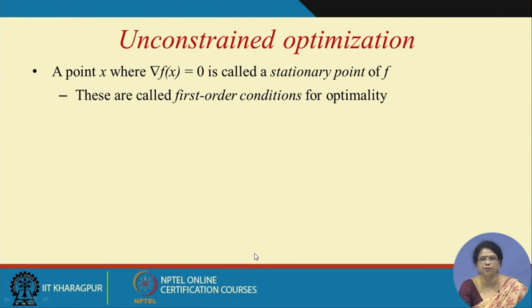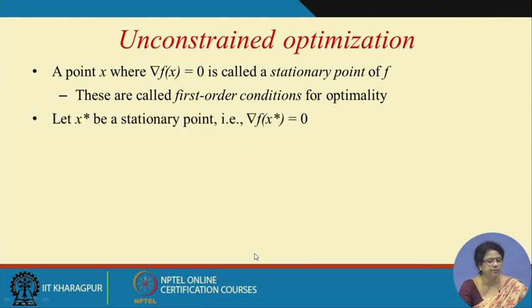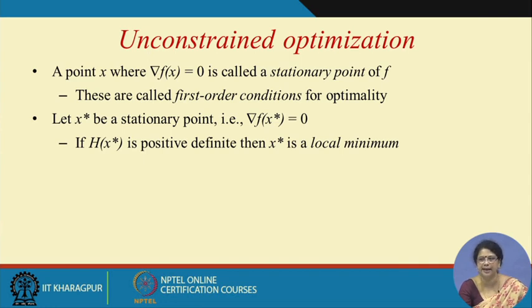What are the facts? It says that if the Hessian matrix is positive definite, then it has a local minimum. But what is the meaning of a positive definite matrix? We say a matrix is positive definite if all the principal minors of the matrix are positive, or in other words if the eigenvalues of that matrix are all positive.